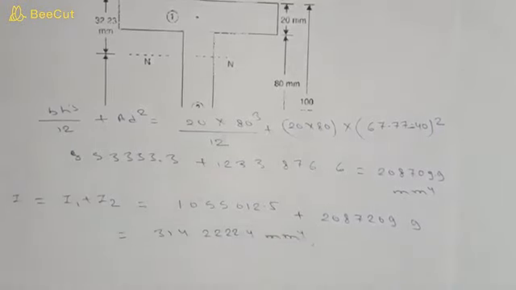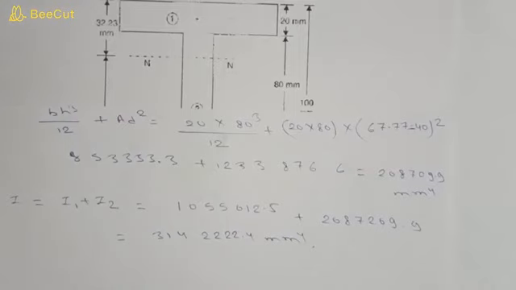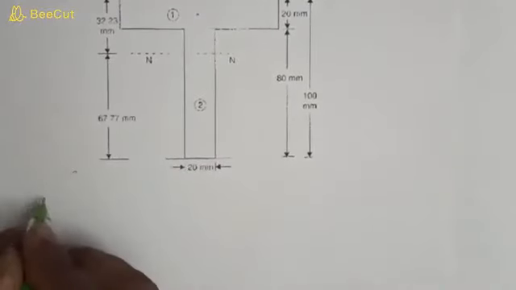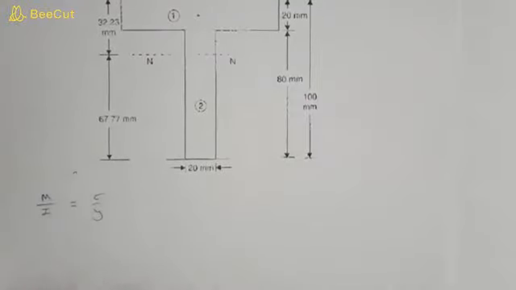So this is I, the moment of inertia of the entire section, and we have already calculated the neutral axis. So now we have calculated maximum bending moment, and we will apply just the formula, M upon I is equal to sigma upon y.